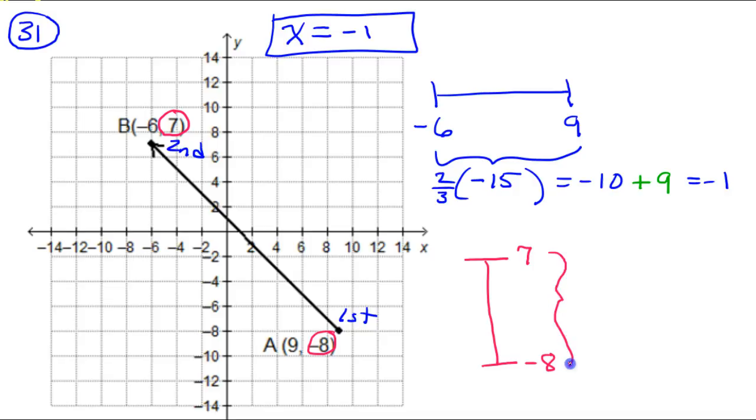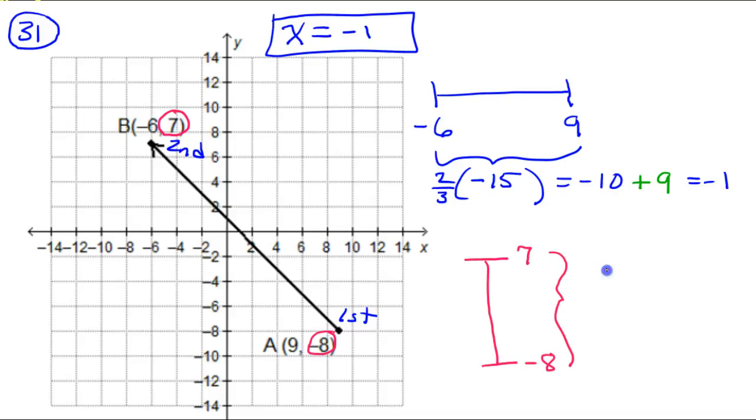Again, I need to calculate the distance between these. And again, I'm not just going to say 15, even though I know that's how far apart they are, because it could be -15 like it was last time, because that reflects the direction.